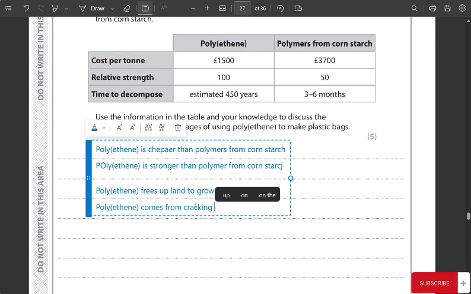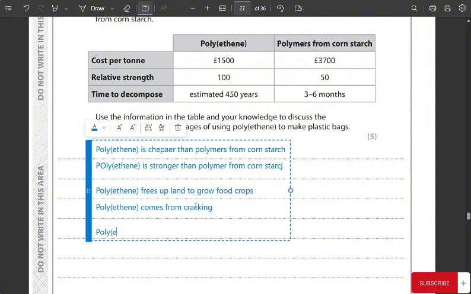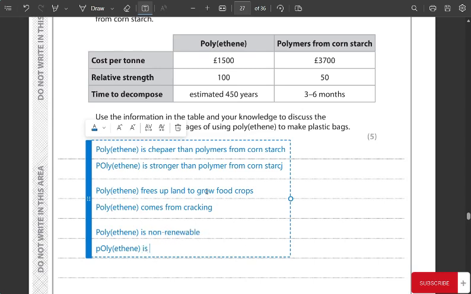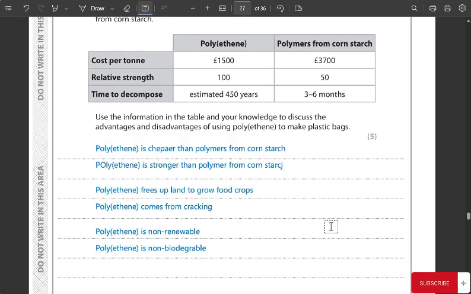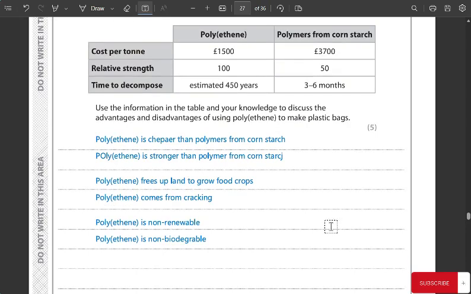And next one is polyethylene is non-renewable. And the last one is polyethylene is non-biodegradable, meaning it can't be digested by bacteria, the natural bacteria. It needs a lot of time to decompose, around 500 years.